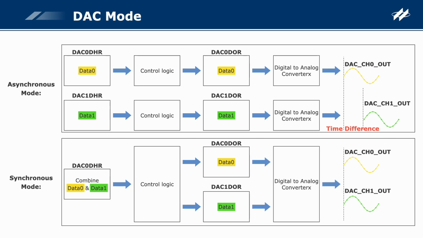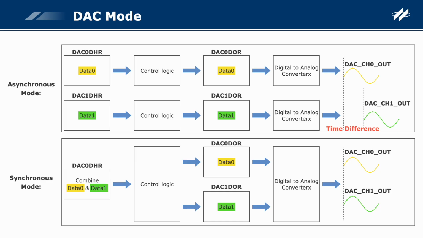And the DAC conversion is performed simultaneously, and after completion, the DAC 0 OUT and DAC 1 OUT will generate analog signals simultaneously. From the above examples, we can clearly understand the difference between asynchronous mode and synchronous mode.